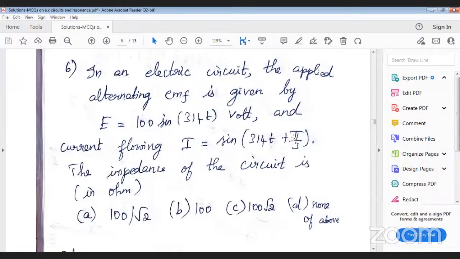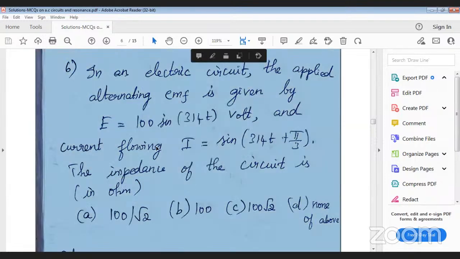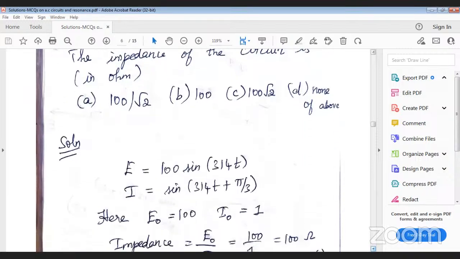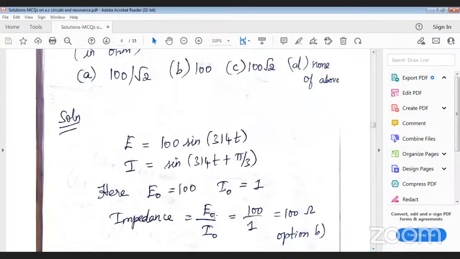Ohm's law you know very well. So V equal to IR, so R equal to V by I. So here instead of resistance you are having impedance. Impedance is nothing but E by I, and that means the amplitudes. You need to take the amplitude of the voltage and the current.